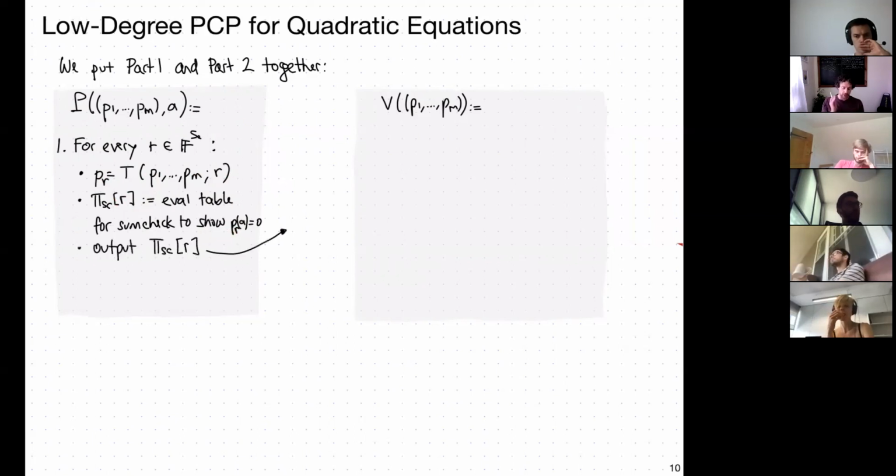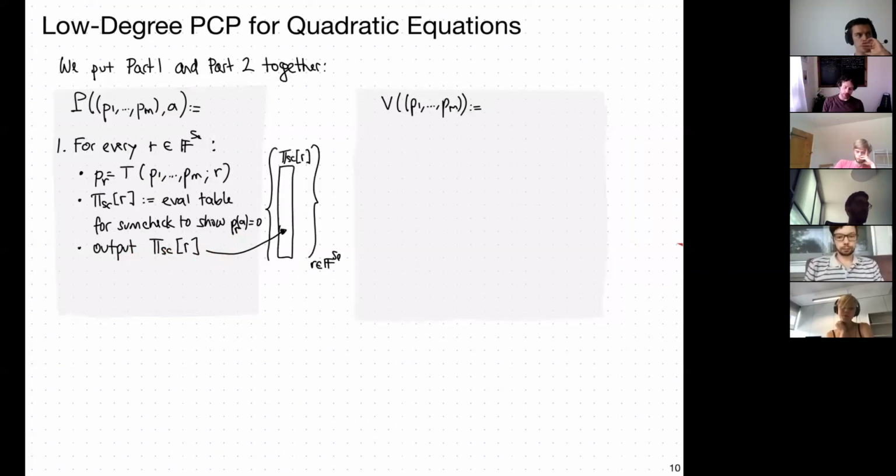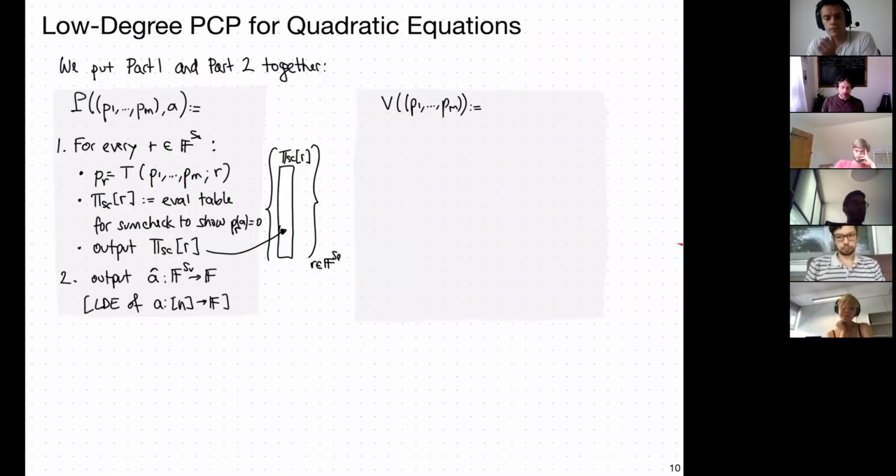We'll write the whole thing, and send to the verifier the PCP, which consists of the entire evaluation of this whole sum-check strategy. We think about this as pi of sum-check. This is the part of the proof that helps us emulate the sum-check protocol. And also we'll take the Reed-Muller encoding, the low degree extension of this satisfying assignment, and send it as well.